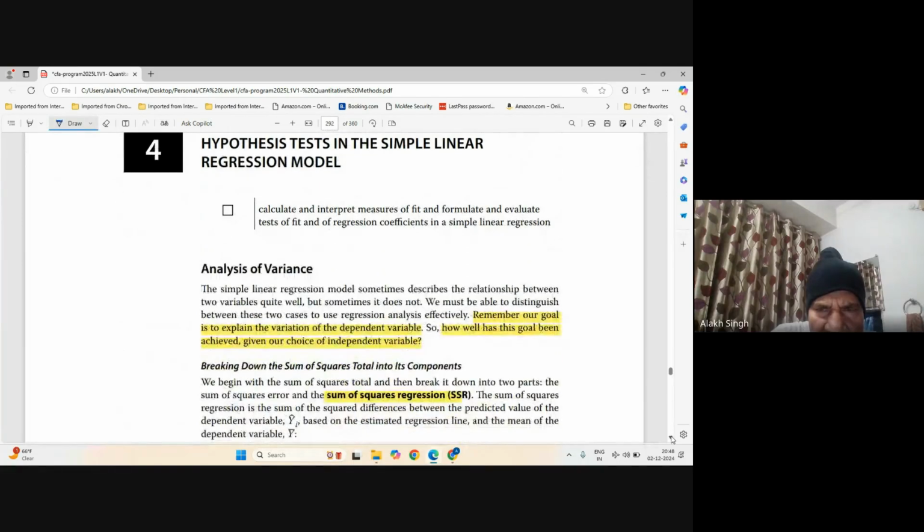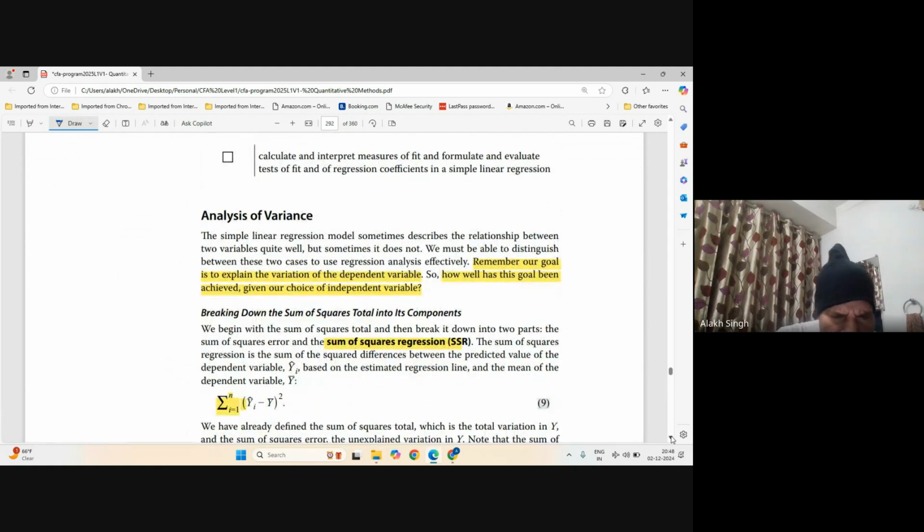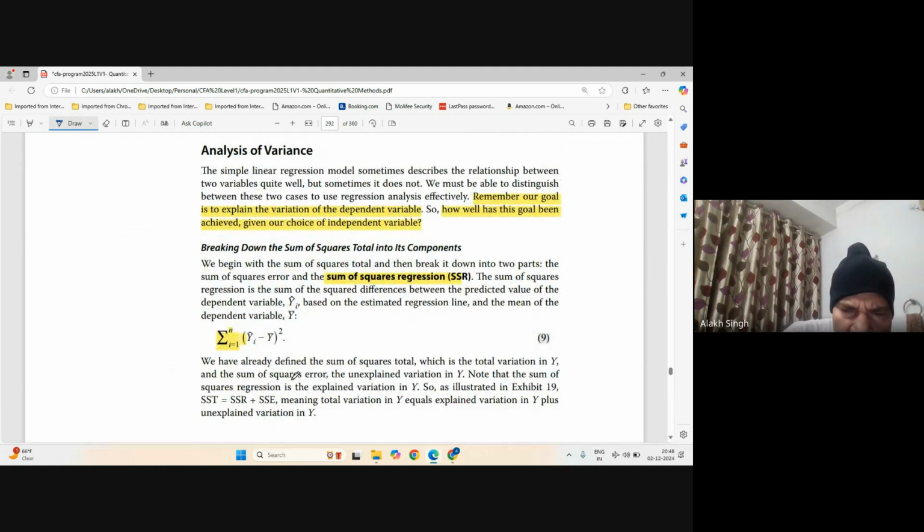Hypothesis testing in the simple linear model. In analysis of variance, we look at this. The sum of squares of regression is yi hat minus y bar whole square, which we had discussed. And the error terms are yi minus yi hat whole square.